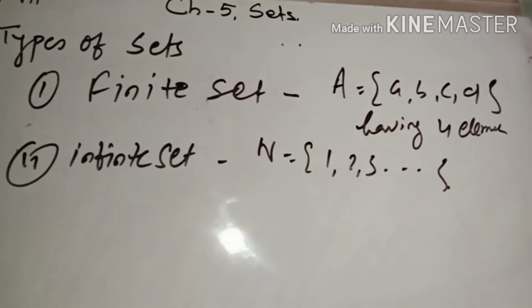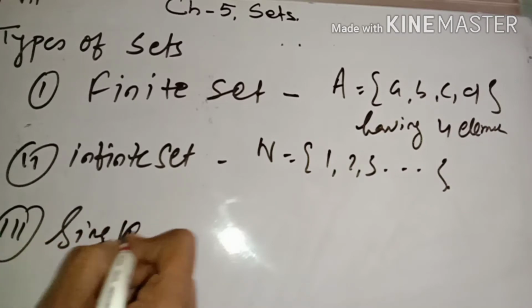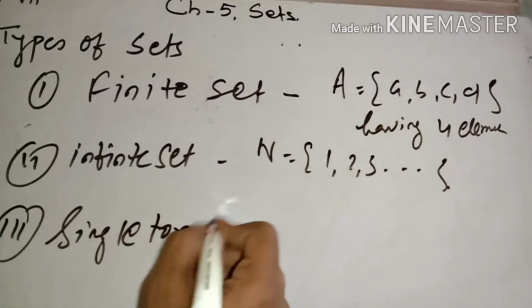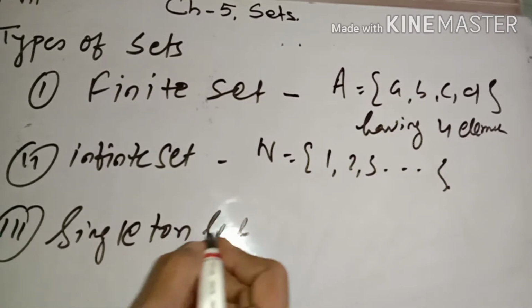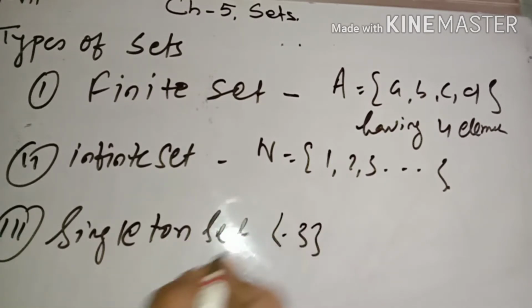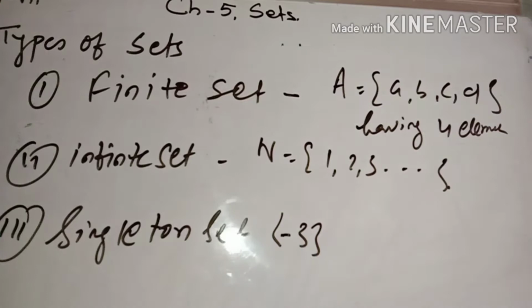What do you mean by singleton set? Singleton set means, suppose for example -3, it shows that only one element is there, so this is a singleton set.